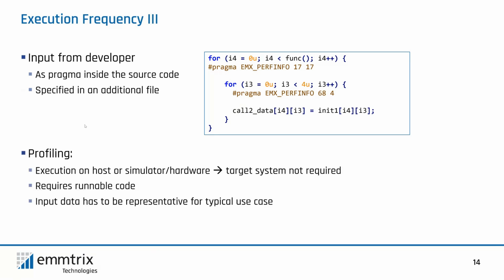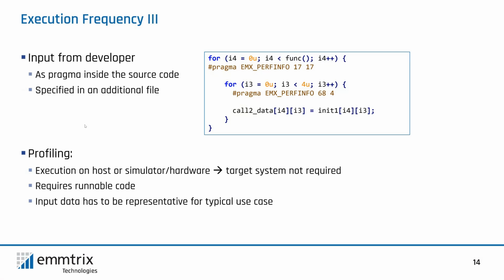Another thing to get more useful values here is to use profiling. As said, we are doing static source code analysis. Static source code analysis means we are not executing the code, we are analyzing the actual source code.